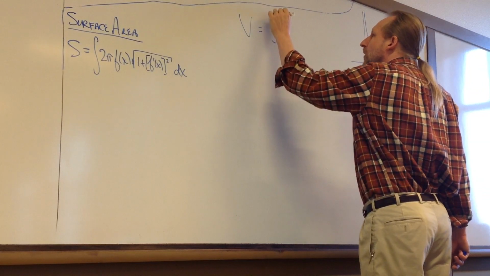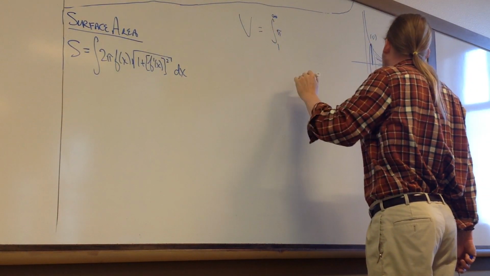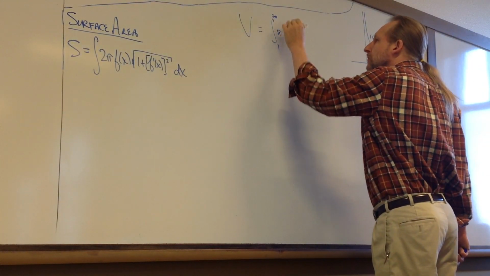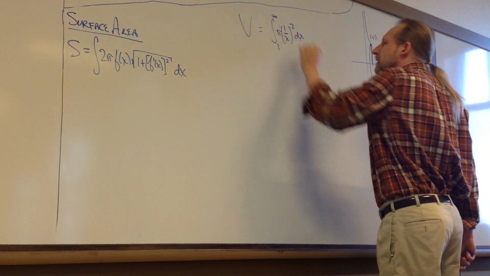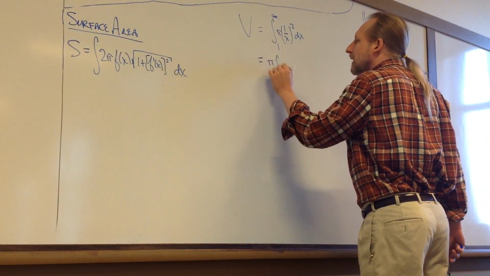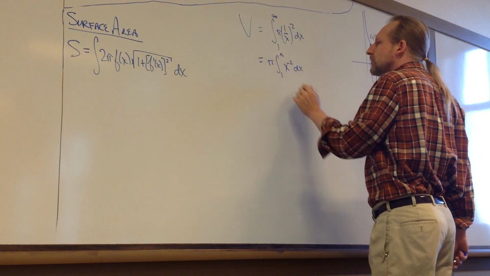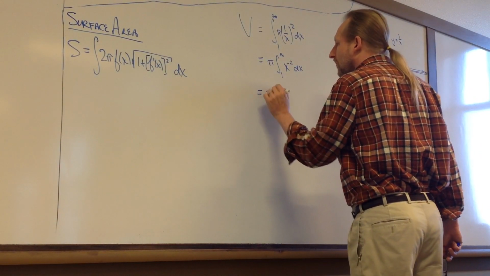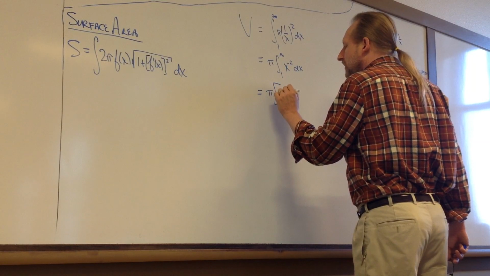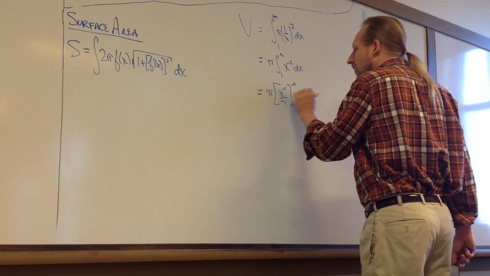We're starting at 1, going out to infinity, and it's going to be pi times our radius, 1 over x squared dx. Okay, so pi integral from 1 to infinity of x to the minus 2, so that'll be x to the minus 1 over minus 1.